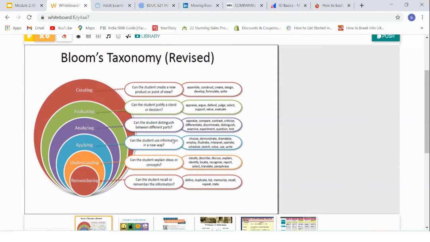Can the student use information in a new way? You will state your objective using these sample action verbs. These are called action verbs. You will ask them to write an essay on so and so things. When the student is writing an essay, he is applying some knowledge to a new concept.